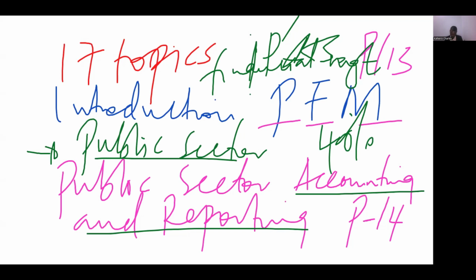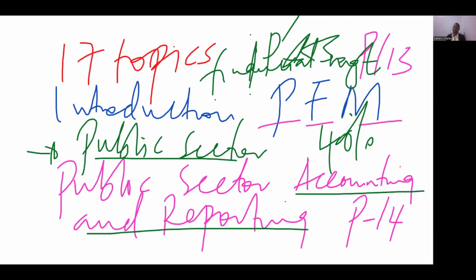So in our introduction, it's all about knowing what public sector is all about. We need to understand what public sector financial management is all about. At first, you need to understand what a private sector is. Second, you need to understand public sector financial management.